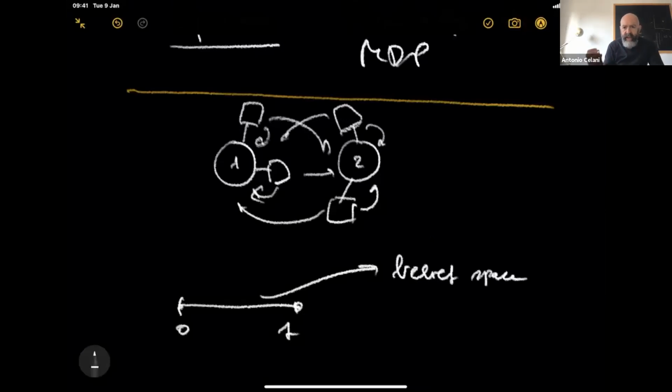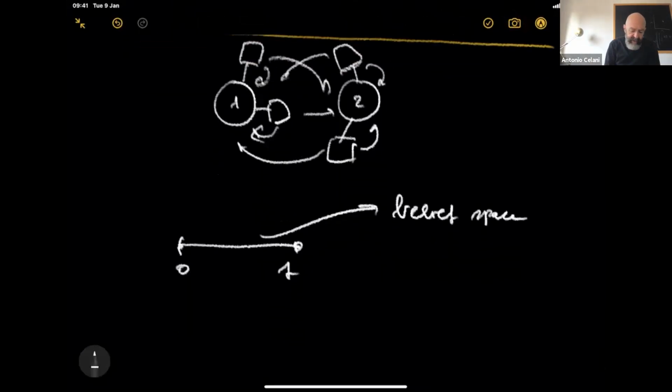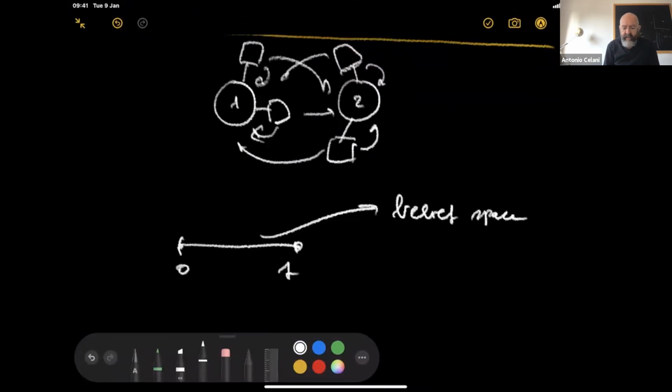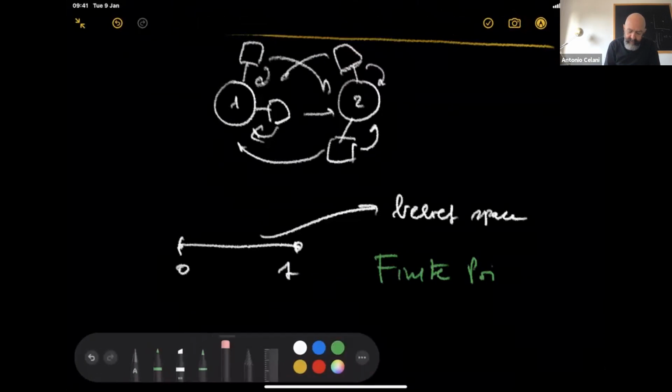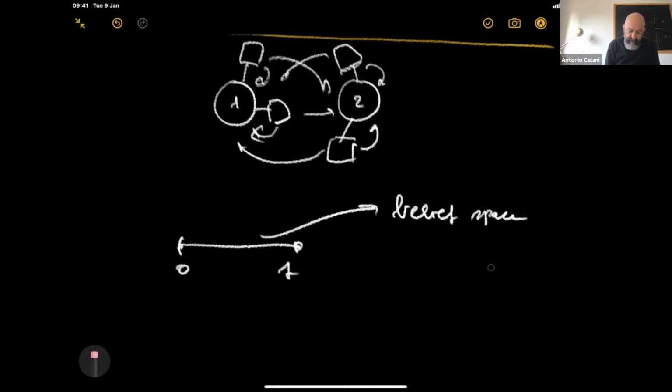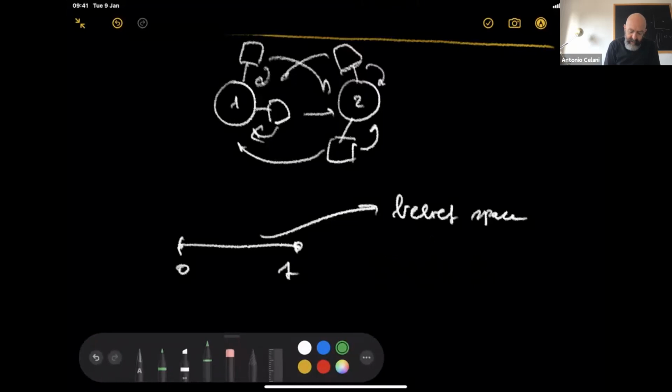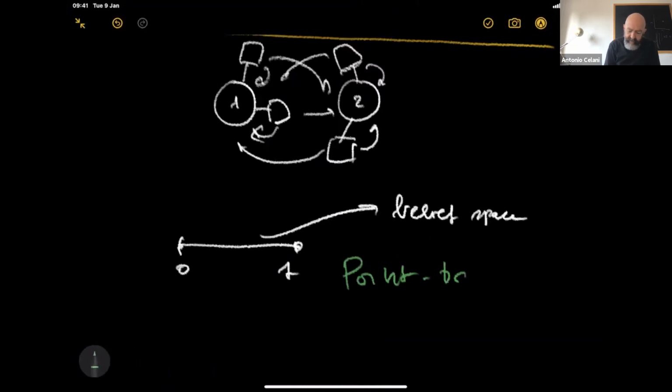So one general idea that I will describe very qualitatively, because it's a generic approach to try to solve Bellman's equation for POMDPs, is that you construct a finite set of points. This approach is called point-based value iteration.